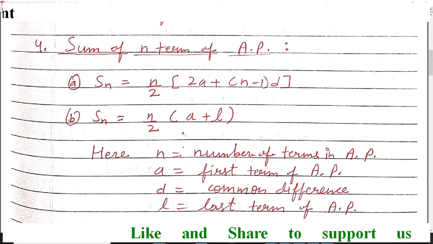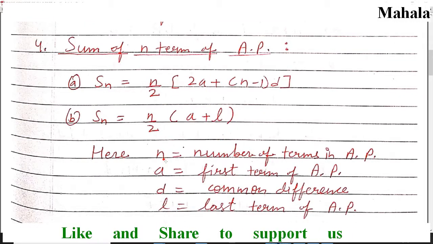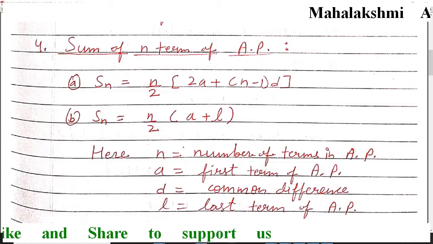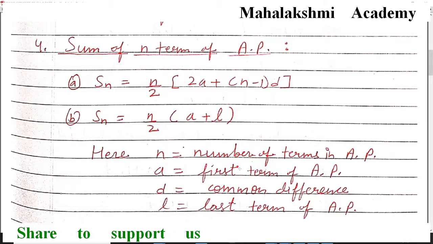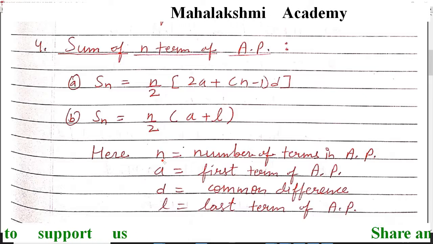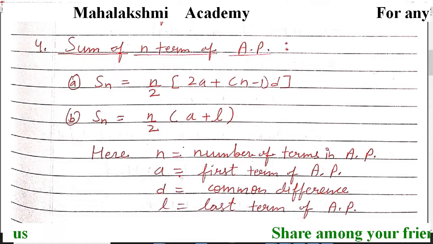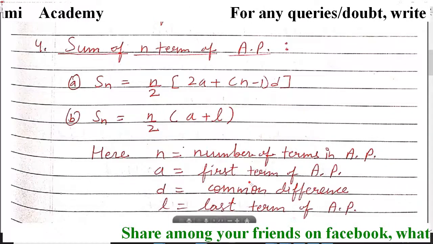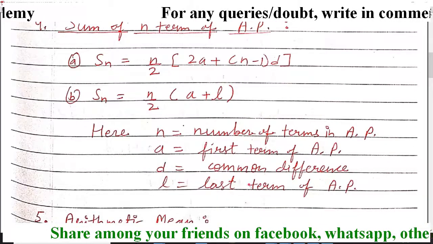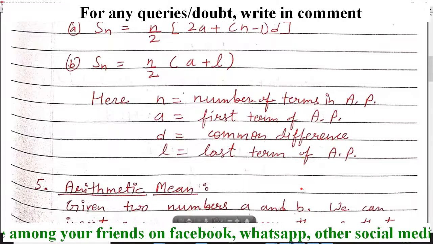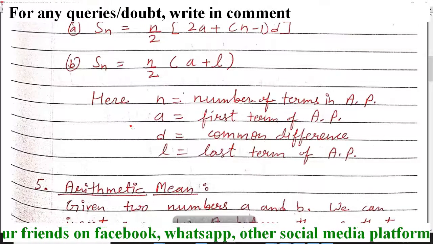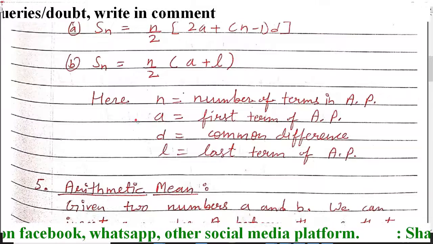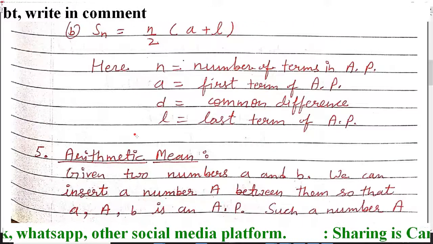Here n is the number of terms in an AP, a is the first term of the AP, d is the common difference, and l is the last term of the AP. We already studied all these in the 10th class, so in very short I only wrote it.